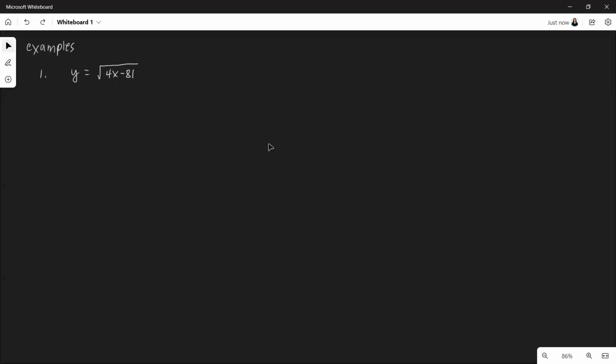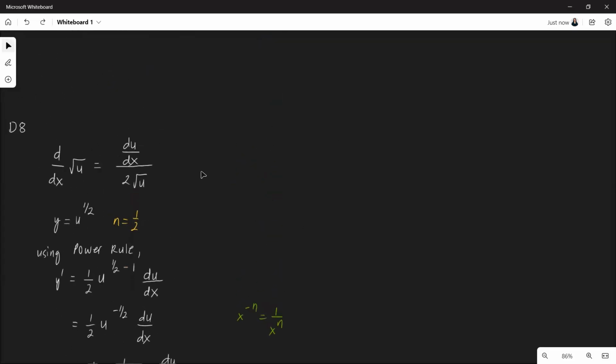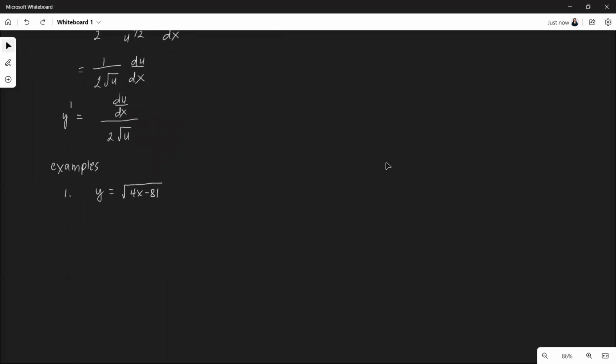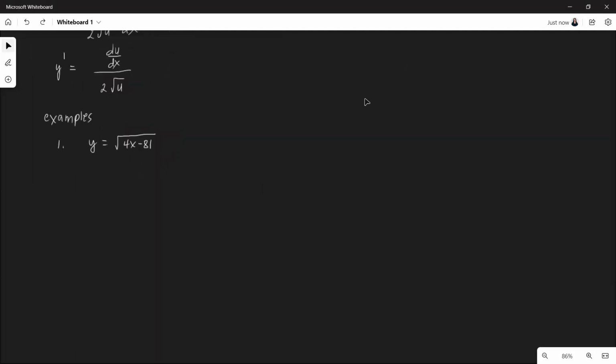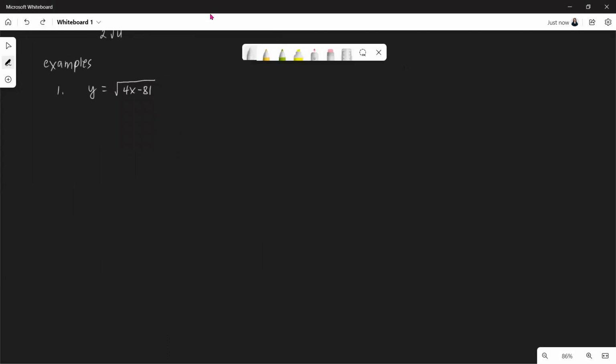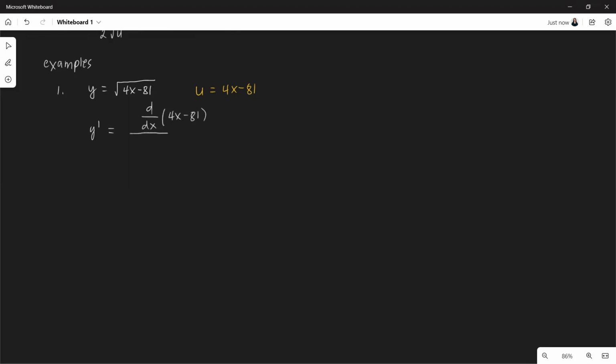We need to get the derivative of the base and then divide it by 2 square root of u, the square root of the given radicand. The one inside the radical is called the radicand. So our radicand, or the u, is 4x minus 81. So you get the derivative of u, or 4x minus 81, and then divide it by 2 square root of 4x minus 81.